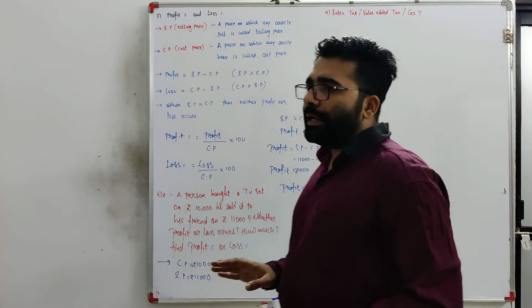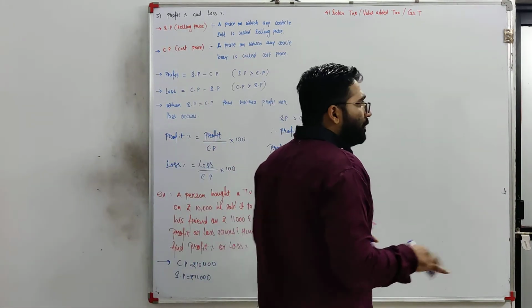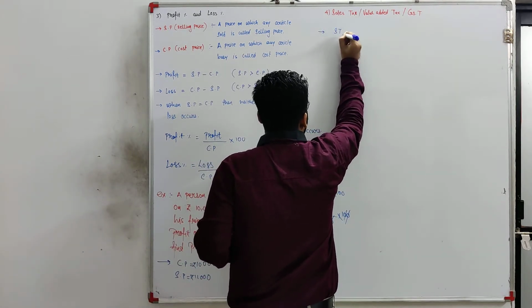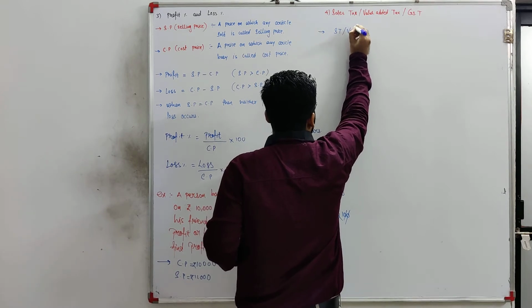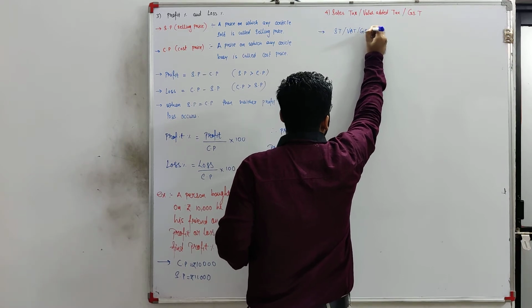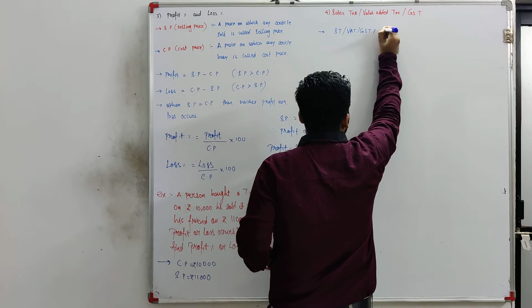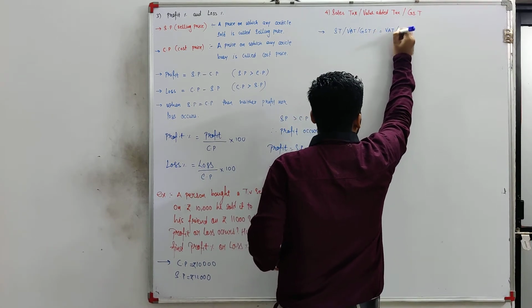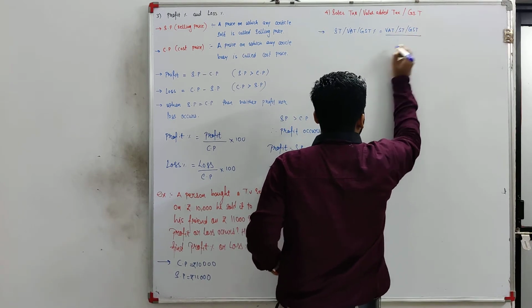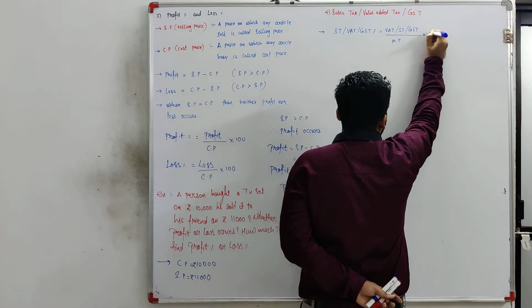Here we have to find the tax. So the value of the tax, the general formula, is that the percentage of sales tax, value added tax, or GST is equal to the tax divided by the mark price into 100.